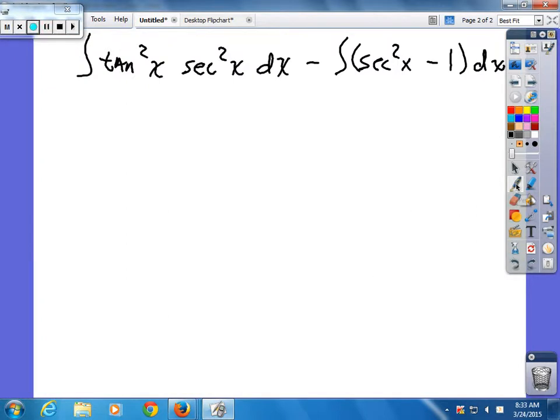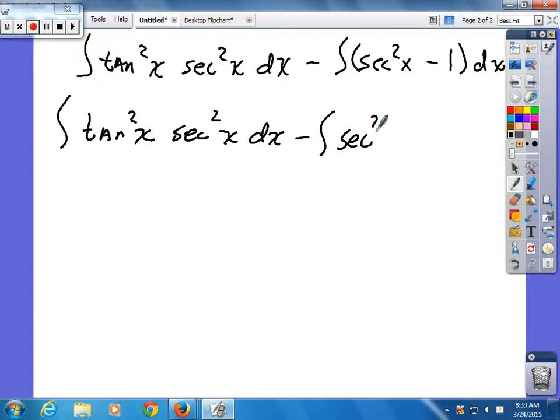And then that's going to give you the antiderivative of tangent squared of x, secant squared of x dx, minus the antiderivative of secant squared of x dx, minus the antiderivative of dx.